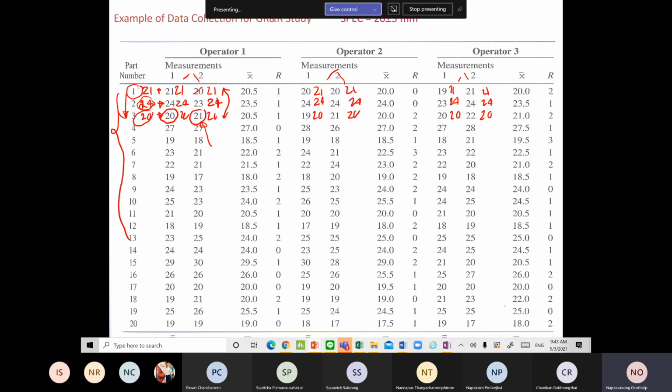So if our measurement system is good, we want the difference among different times to be small, so that the measurement does not depend on different times of measurement, or on different operators.